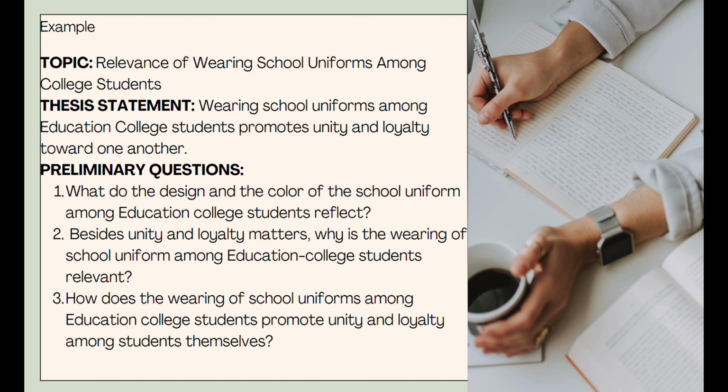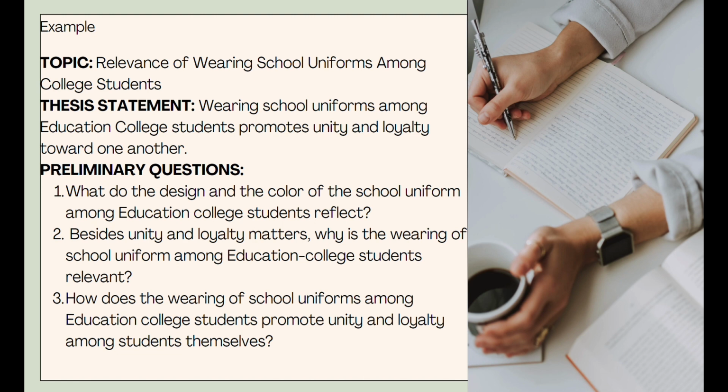And lastly, how does the wearing of school uniforms among education college students promote unity and loyalty among students themselves? This is just an example. From the topic, you provide a thesis statement, and then you also provide some preliminary questions to proceed with the academic paper that you are writing.